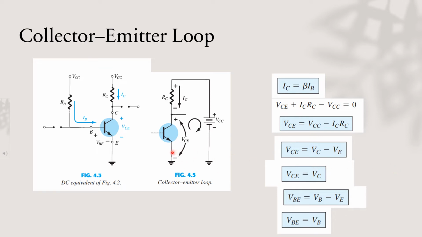However, this is a common emitter type of transistor, so the emitter is connected directly to the ground, and so VCE equals VC, with VE set to 0. Then we also have VBE, the voltage across the base and the emitter, which is VB minus VE. Since VE equals 0, VBE is just equal to VB.